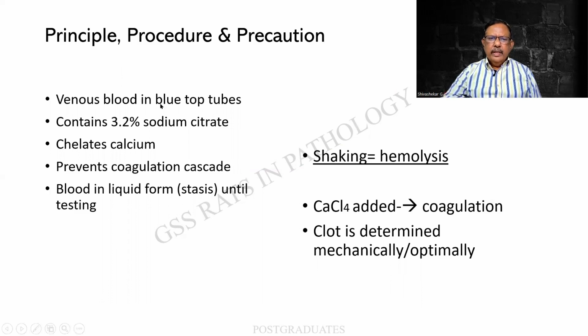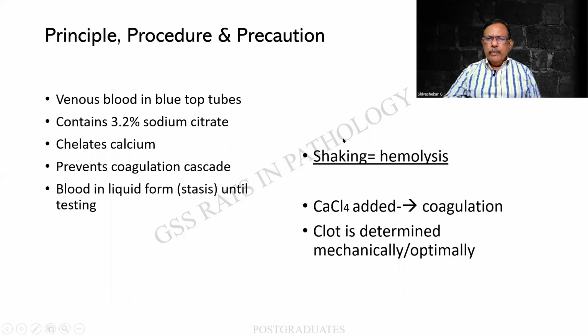The venous blood in blue top tubes is taken for this. It contains 3.2% sodium citrate, which chelates the calcium and prevents the coagulation cascade, so that the blood will remain in the liquid form until the testing is done.